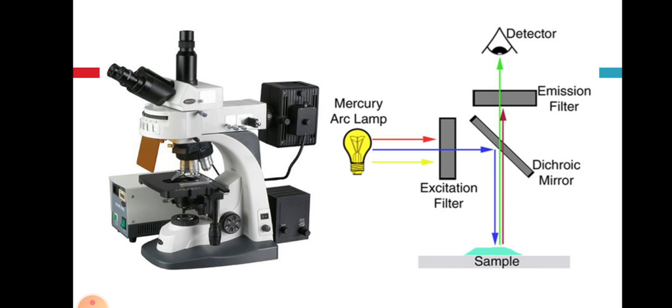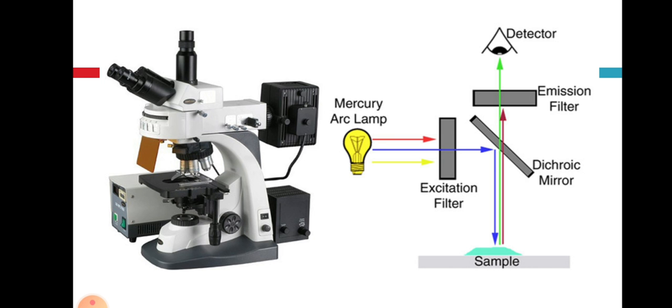This is a diagram showing a real-time fluorescence microscope, and on the other side you can see a diagram showing the mechanism of how this microscope works. The main parts of this microscope are the mercury arc lamp, which emits light, and the light emitted by the mercury is received by the excitation filter, which helps in passing only the blue light.